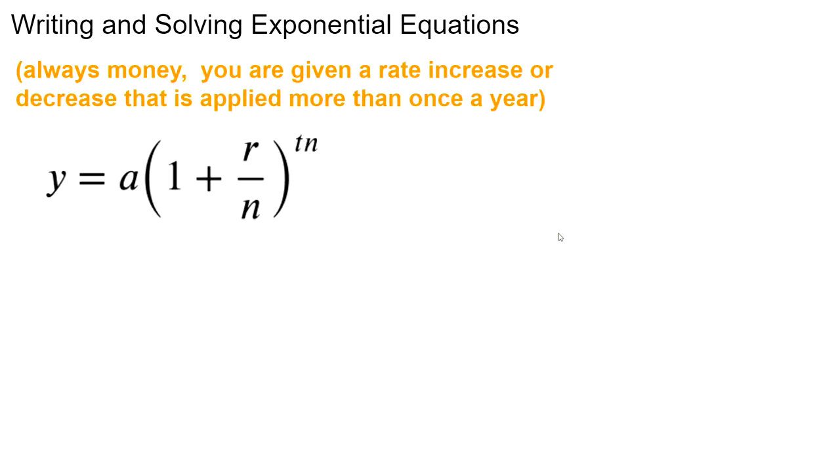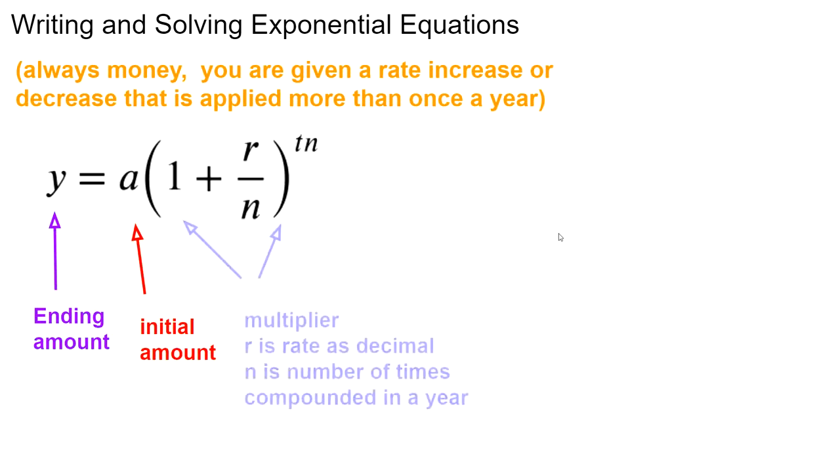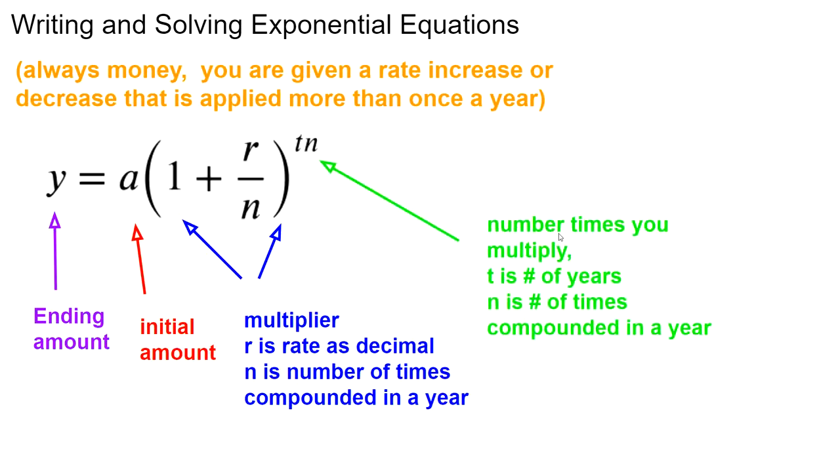Now, let's look at this formula first. We've got the ending amount, just like before. We've got the beginning amount, just like before. We don't have a multiplier, but we're going to build it just like we did with the interest rate. The only difference is we're going to take that interest rate and divide it by the number of times we compound every year. And so then we're going to take the number of times we do this compounding.